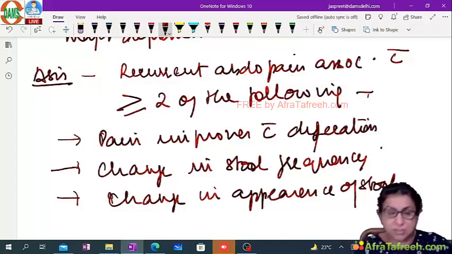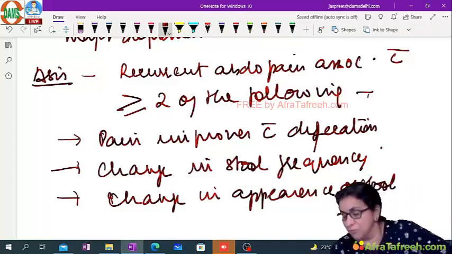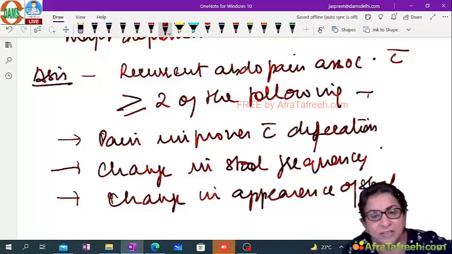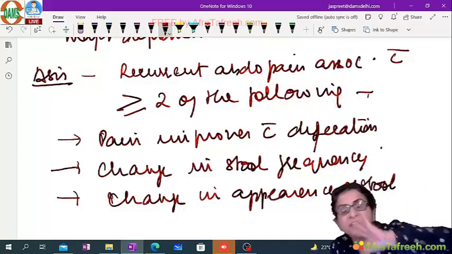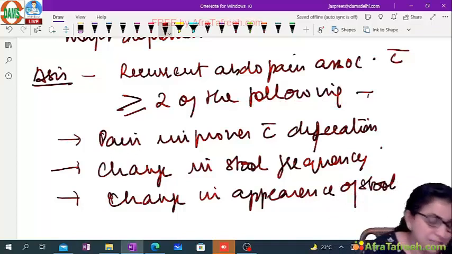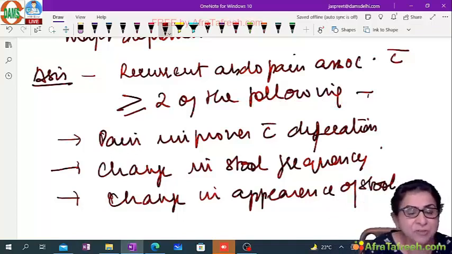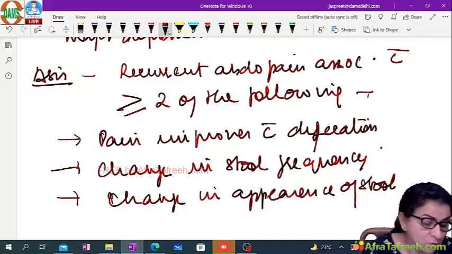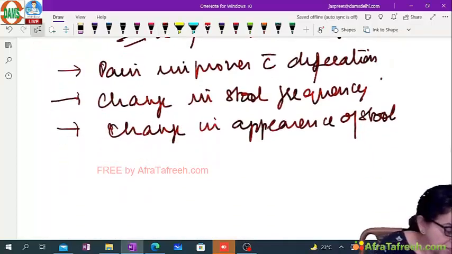Okay, so this is irritable bowel syndrome, where there is no organic defect in the intestine. It is basically a functional defect, and usually they are middle-aged females, and 50% of them have comorbid psychiatric conditions.